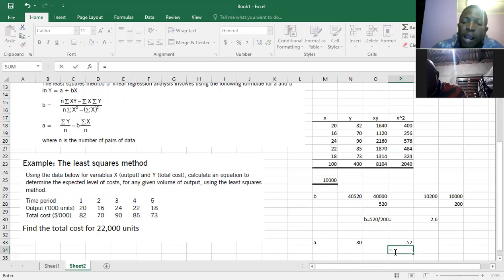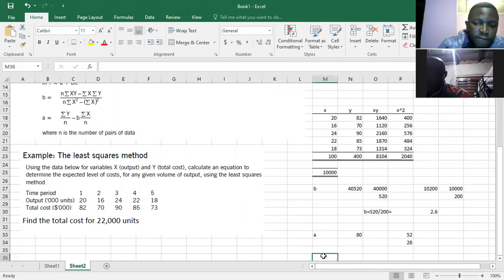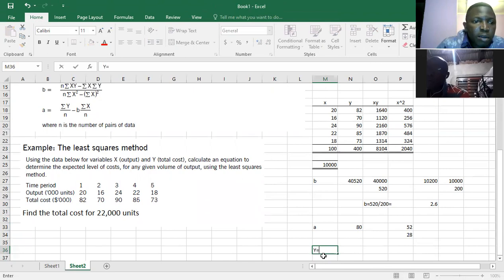That is our A. It is 28. So now our formula is Y equals 28 plus 2.6x.